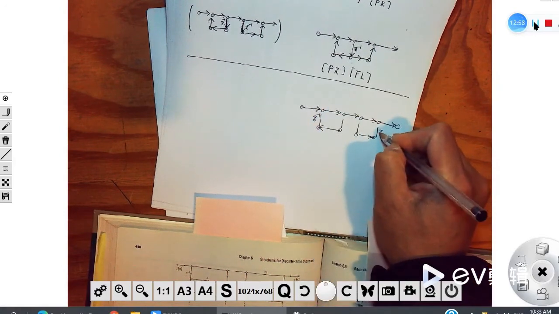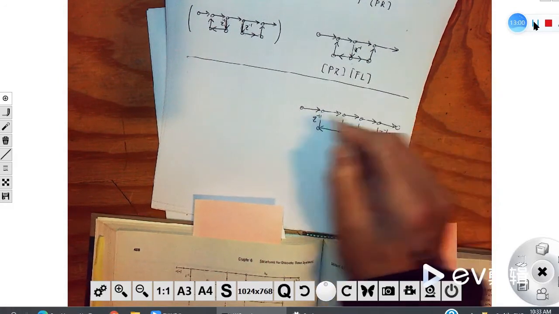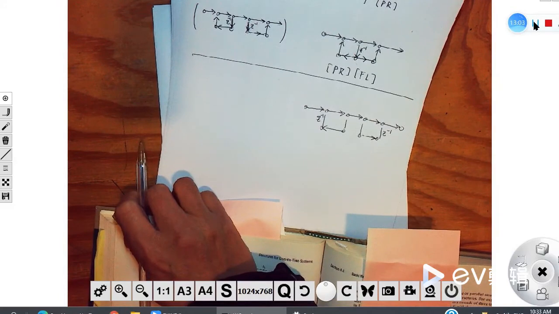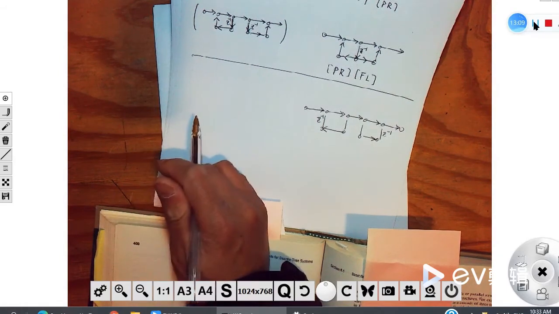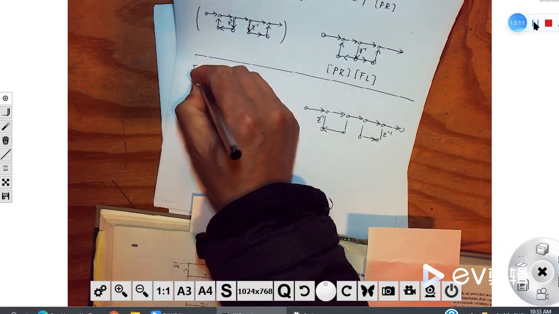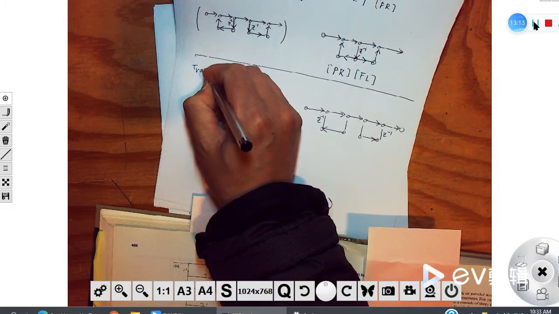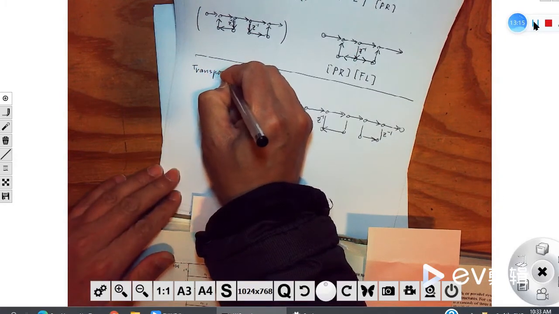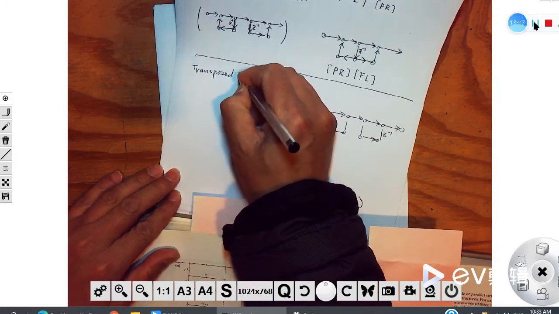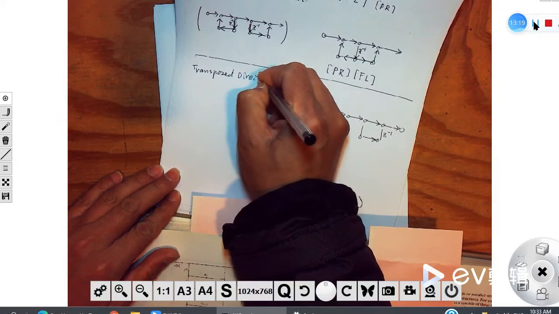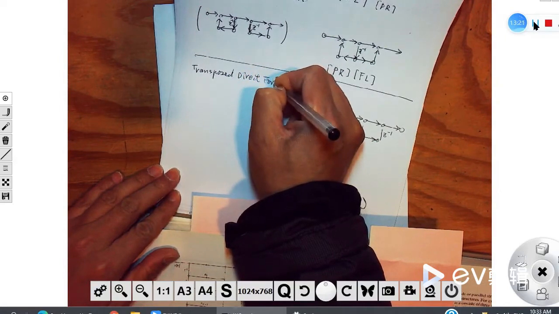Delays are here. So this is a transposed direct form. Transposed direct form.